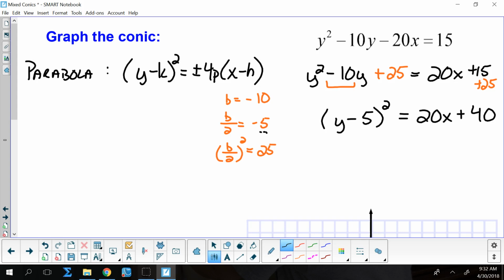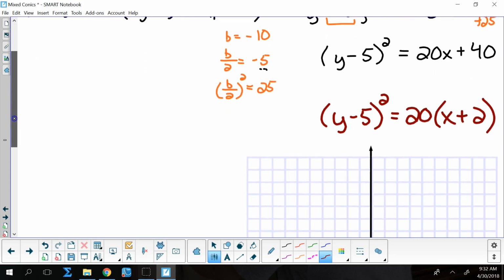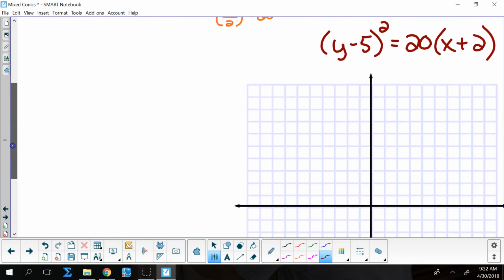We could factor out a 20. So then this becomes y minus 5, quantity squared, equals 20 times x plus 2. Now, is it in standard form? Yes. So now we can graph it.